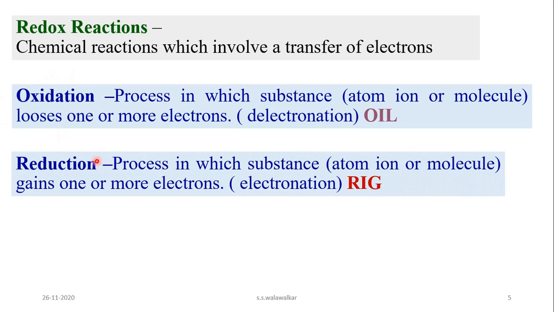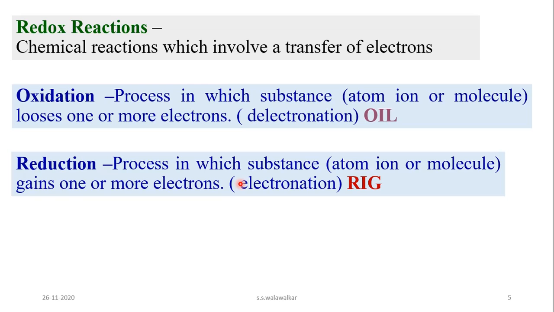And reduction means a process in which a substance, that means atom or ion, gains one or more electrons, then it is called a reduction. Reduction is a process in which a substance gains one or more electrons. So it is an electronation process.